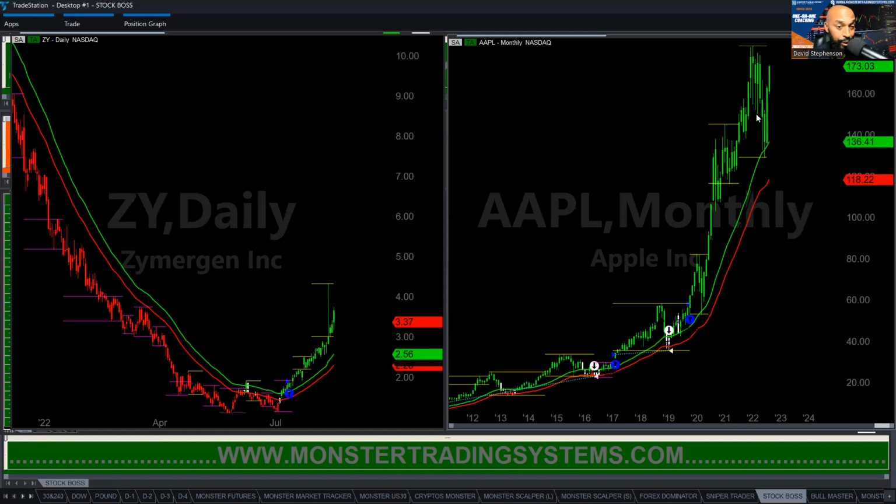Can that be done? Absolutely. It can go higher and do that. But I would have to pay $143 a share and hope that there are more traders willing to buy at this high of a price.